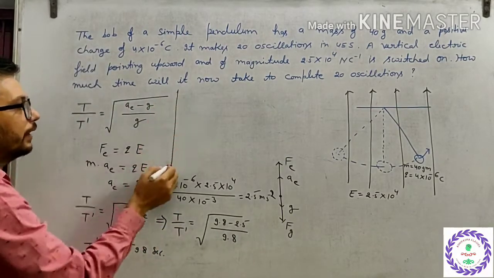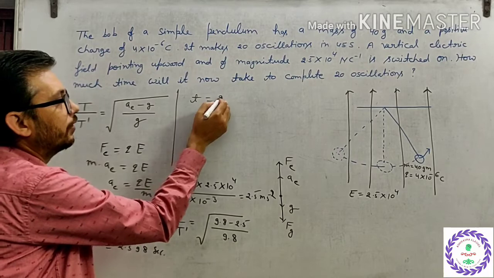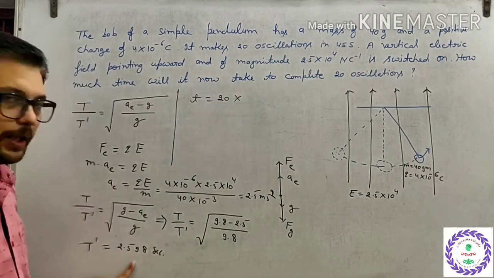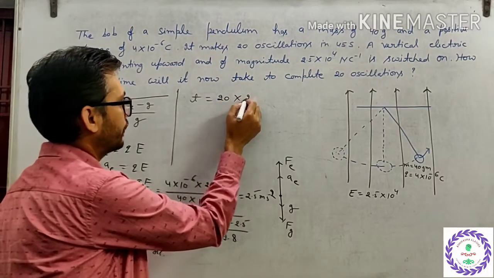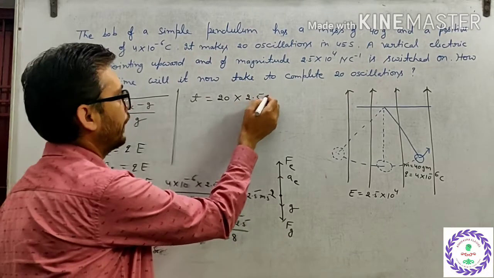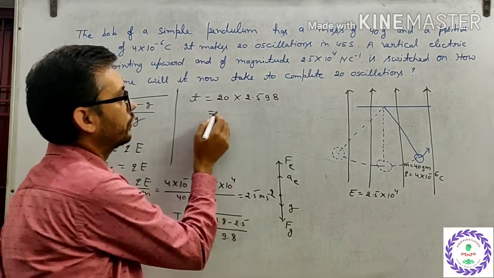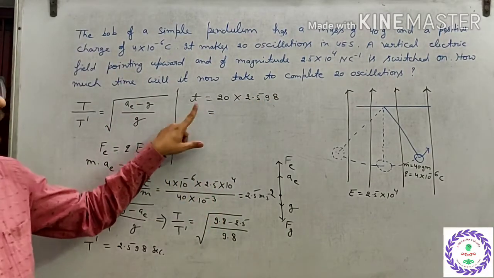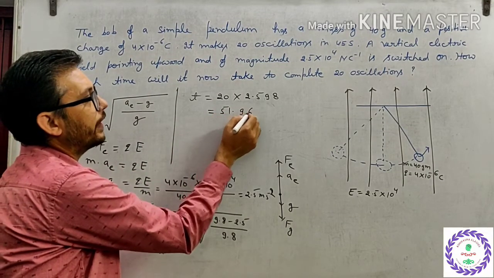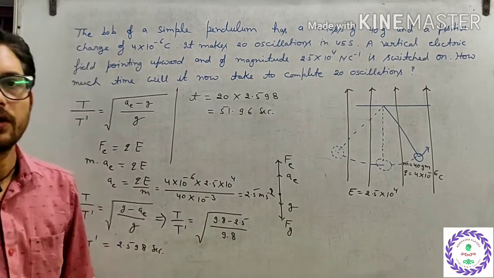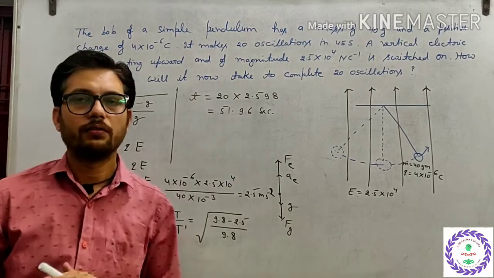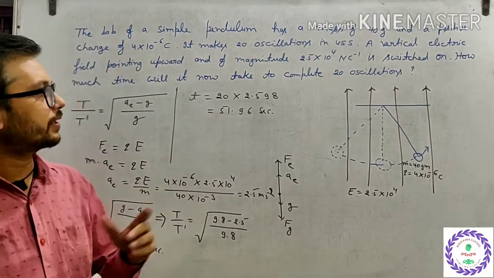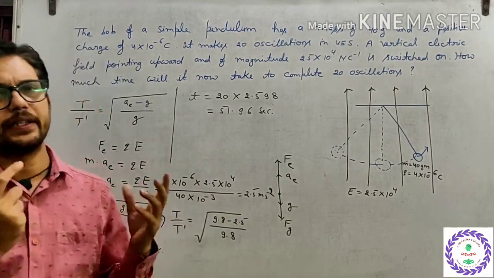So the total time will be 20 times the time period, 2.598. So the total time will be 51.96 seconds. So this is the final answer of this question, and I hope this question is clear to all of you.